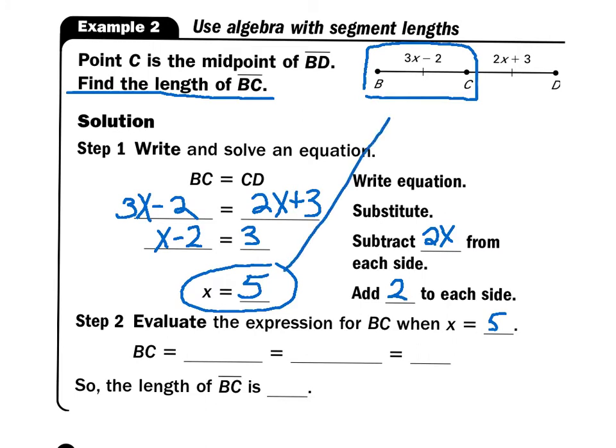And to do that, we have to put our 5 back up in here. So BC equals 3x minus 2, which is 3. Remember to put the 5 in parentheses, so if we had some negative signs here, it wouldn't mess up our multiplication. Minus 2. 15 minus 2 is 13, so BC is 13.